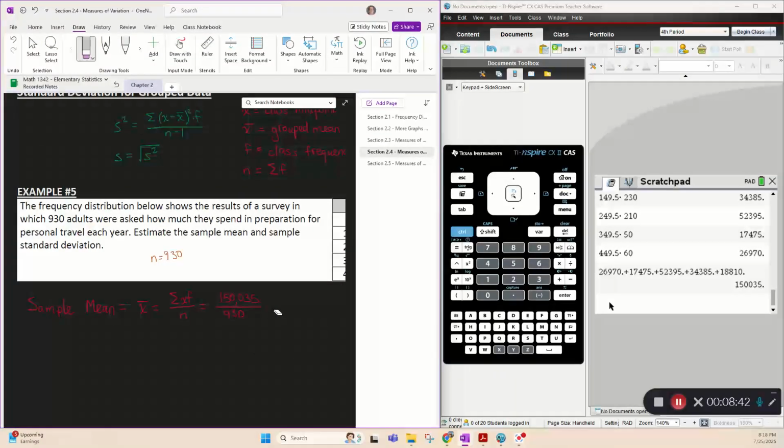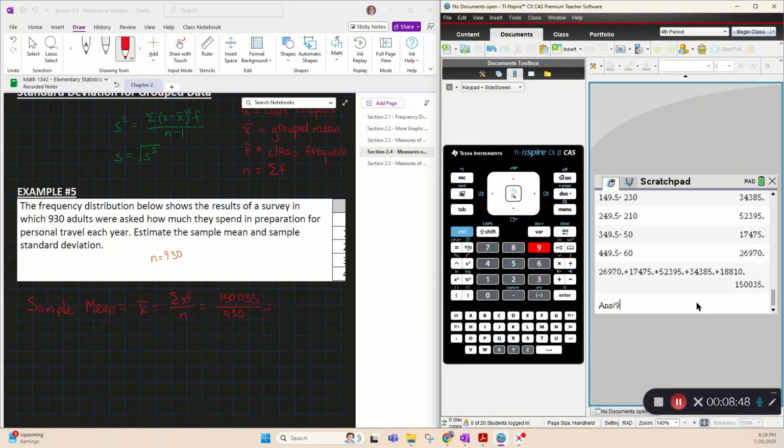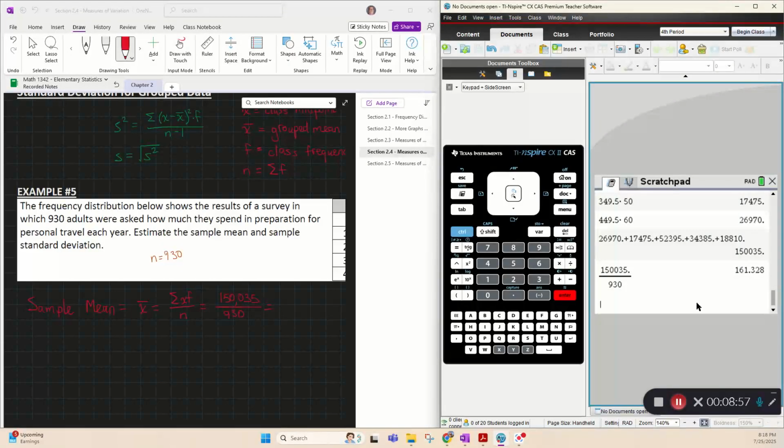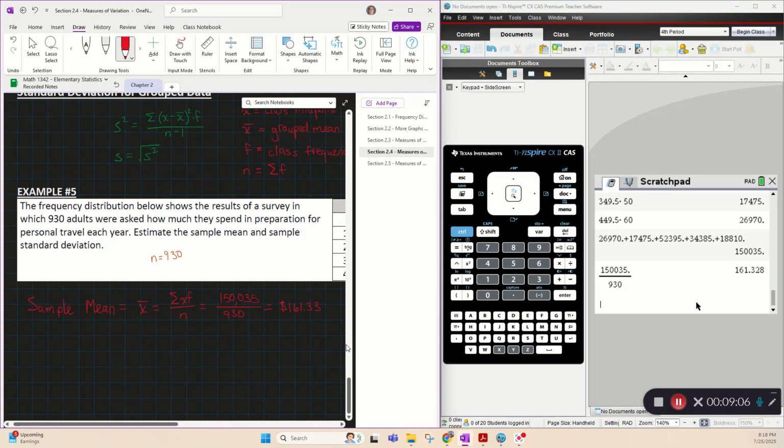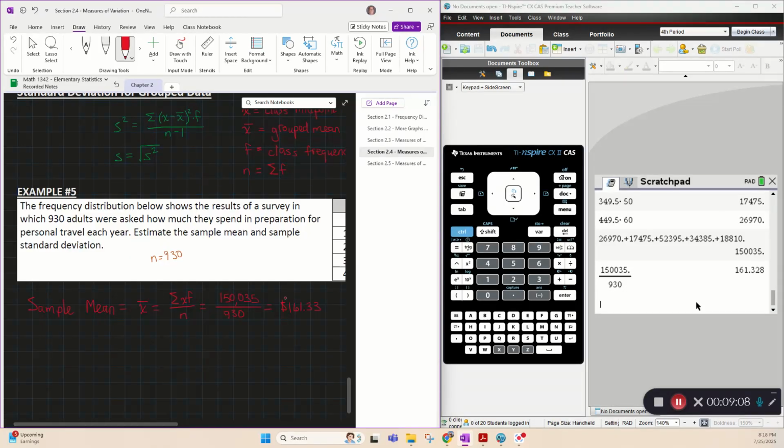Okay, what is that going to get us? $161.33. Okay, so there is our sample mean. We've estimated that one.